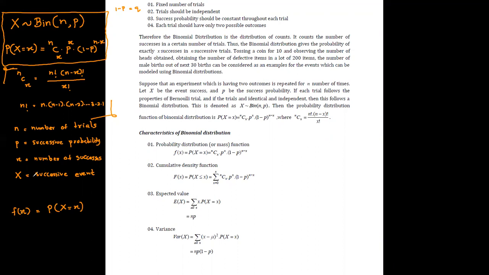This equals nCx times p to the power x times 1 minus p to the power n minus x.